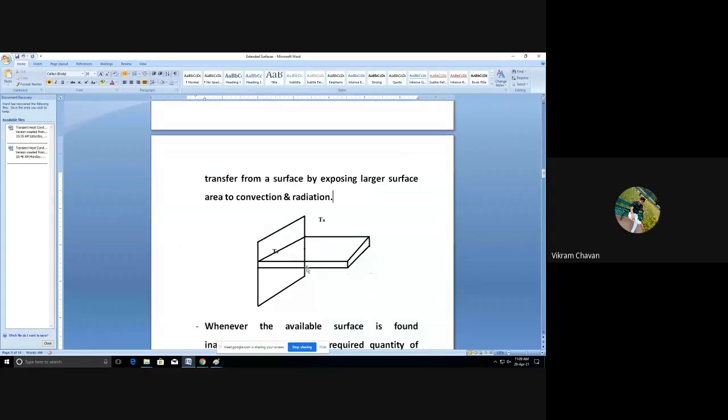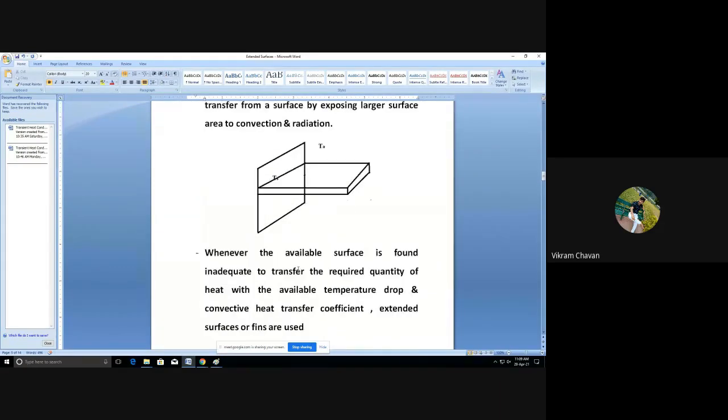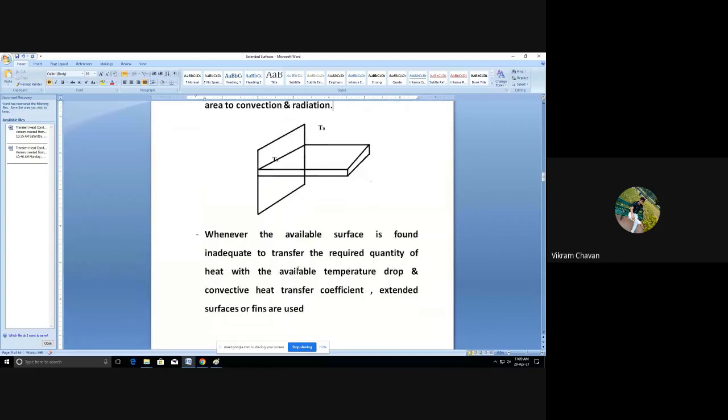Freehand sketching is required. Okay, next line you can write.